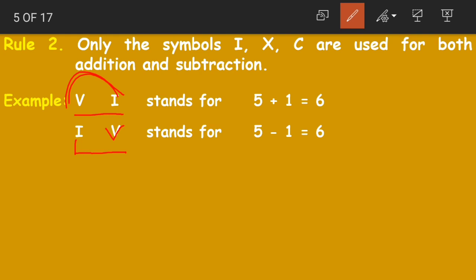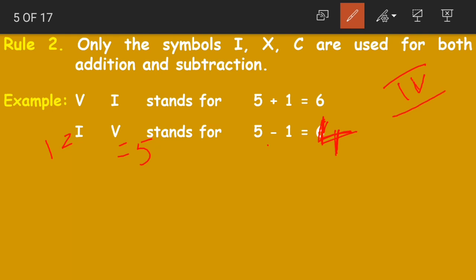So what we did here, we subtracted 1 from 5. I is 1, V is 5. IV is equal to 5 minus 1, which is equal to 4. Now you might remember this, right? When you were in 4th class, you used this IV to represent your class 4 in Roman numerals.